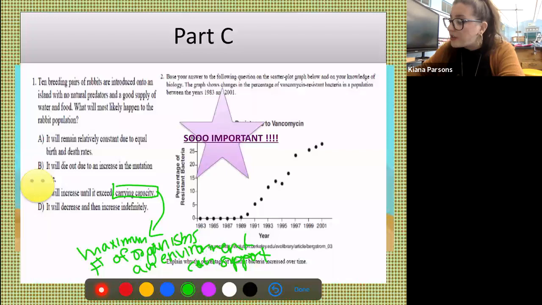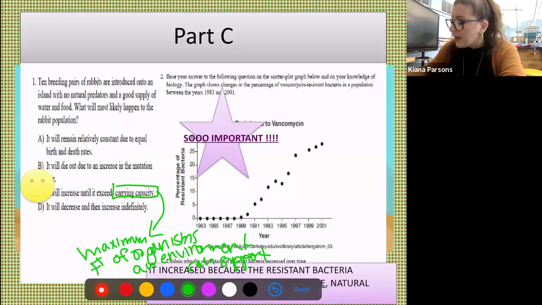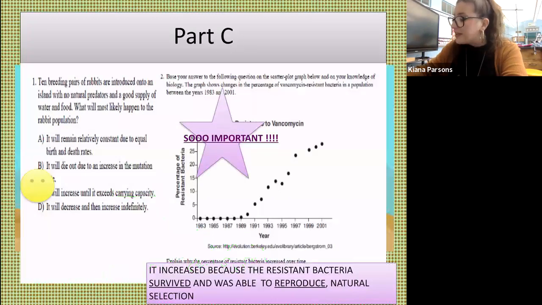Well, we know that evolution happens over time. It increased because the resistant bacteria survived, right?